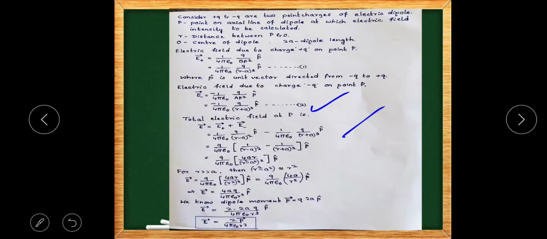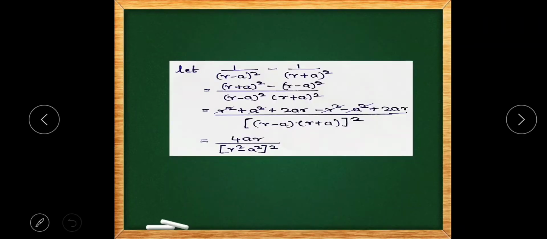Here q divided by 4 pi epsilon naught is a common term, take it outside, into 1 by r minus a whole square minus 1 by r plus a whole square, into p cap. On simplifying this term we get 1 by r minus a whole square minus 1 by r plus a whole square. Here the steps are as follows.